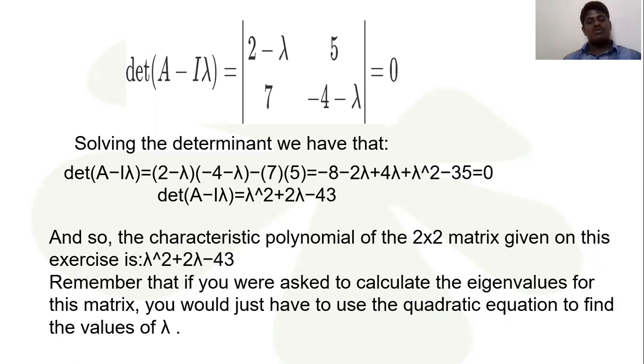If you were asked to calculate the eigenvalues of this matrix, you just have to use the quadratic equation to find the values of lambda. This is how we find the characteristic polynomial of a 2 by 2 matrix with the formula AD minus BC.